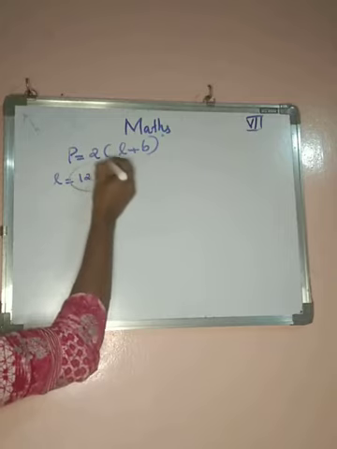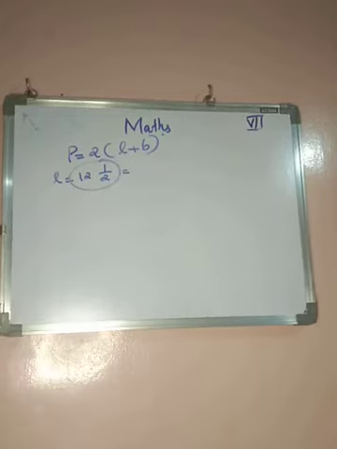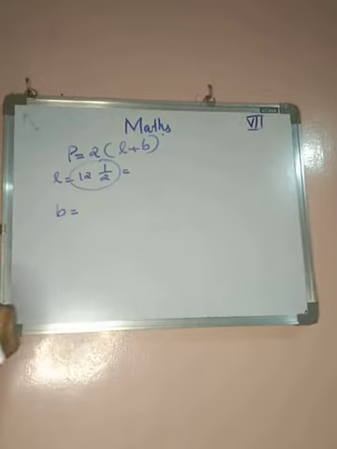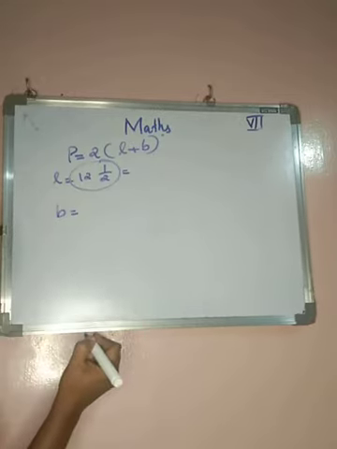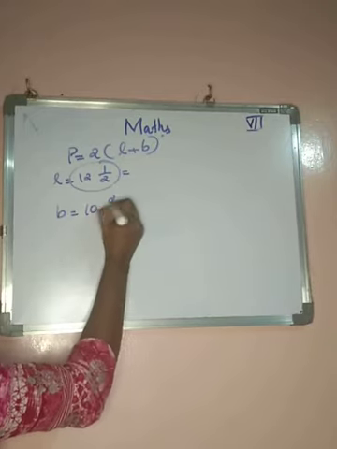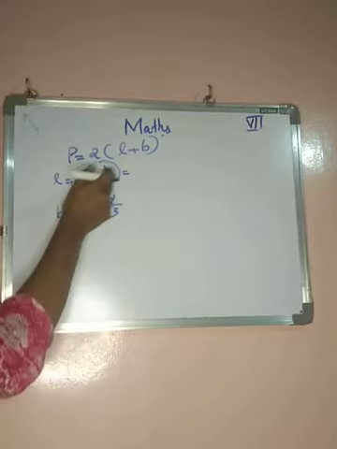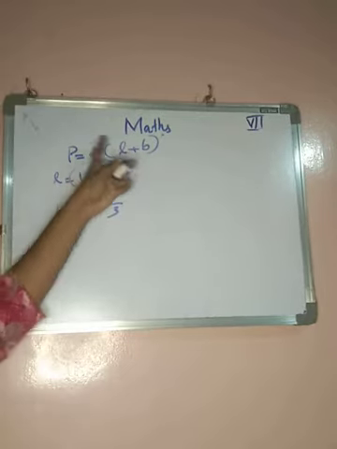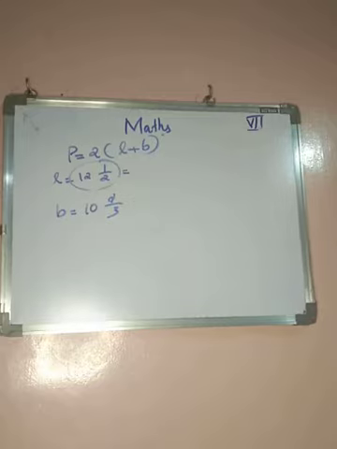This is a mixed fraction, so convert it to an improper fraction. Then the width is 10 2 by 3. This is a mixed fraction, so convert it to an improper fraction. Then we apply the formula and find your answer.